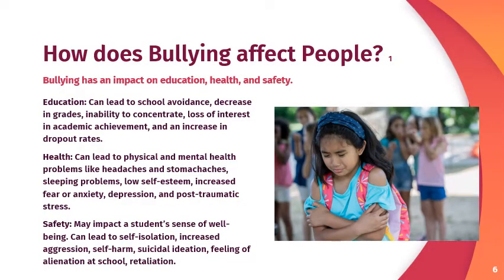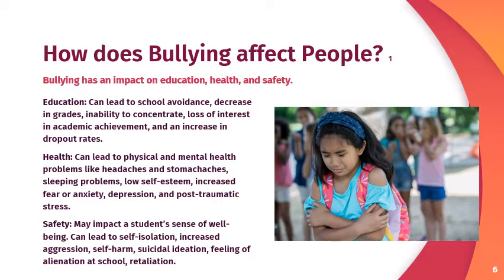How does bullying affect people? Bullying has an impact on education, health, and safety. For education, it can lead to school avoidance, a decrease in grades, an inability to concentrate, a loss of interest in academic achievement, and an increase in dropout rates.